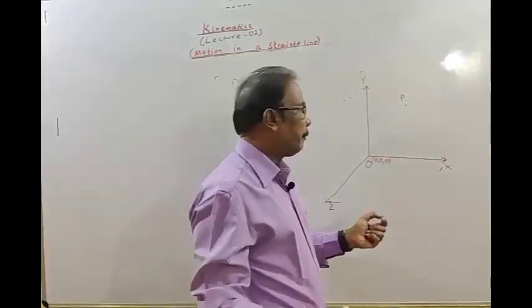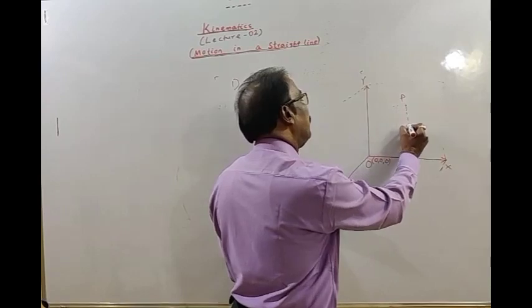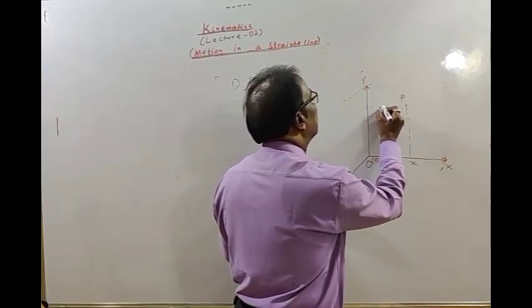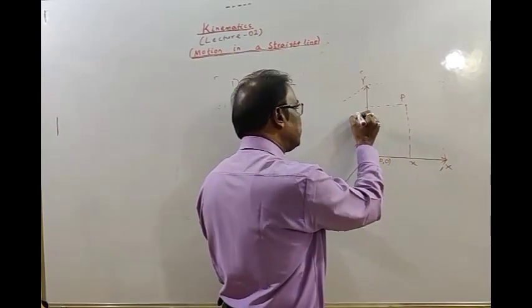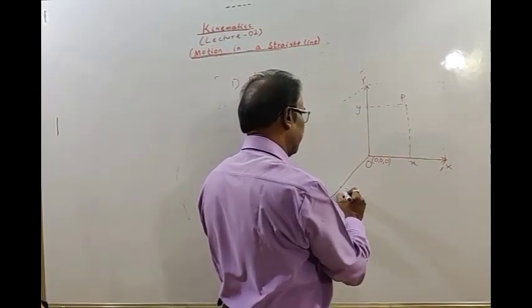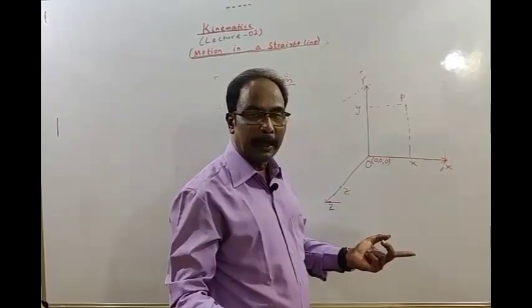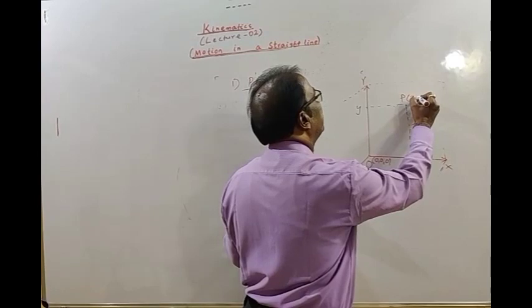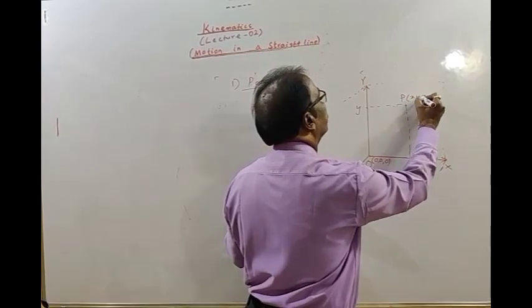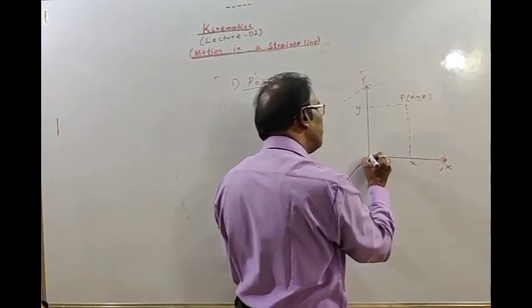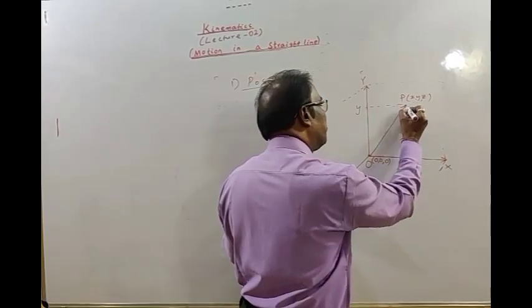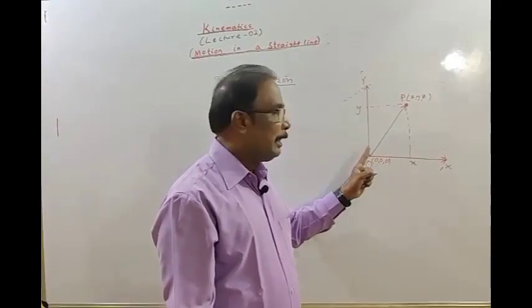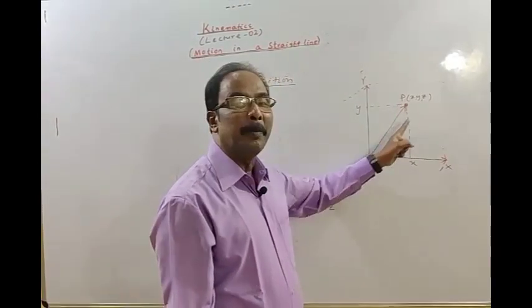The coordinates of point P mean point P is at a distance x along the x-axis from the origin, at a distance y along the y-axis, and at a distance z along the z-axis. Then the coordinates of point P are x, y, z, and the position of this object or point with respect to the origin is determined by this position vector.